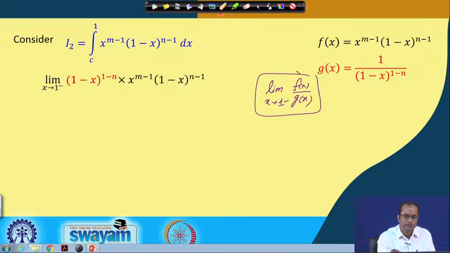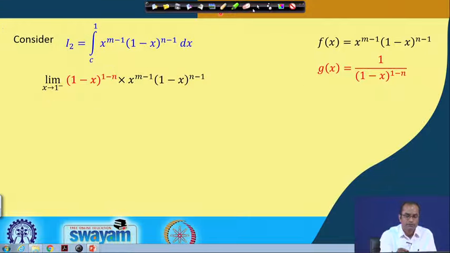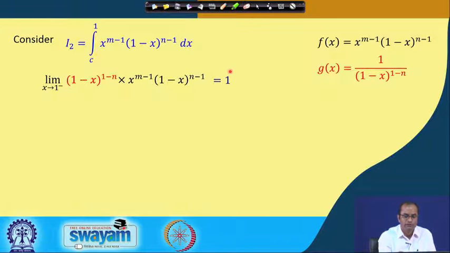This limit is precisely this one. 1 minus x power n minus 1 will go to the numerator, and this is the f x here. Again this term will cancel out, and we have x power m minus 1. So, as x approaches 1, again we are getting a similar result, which was earlier 1.